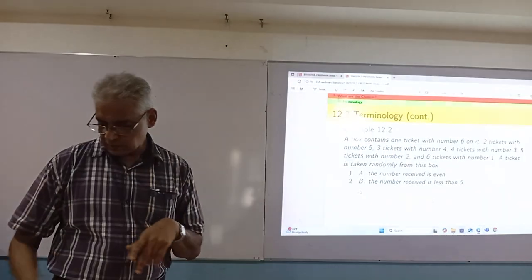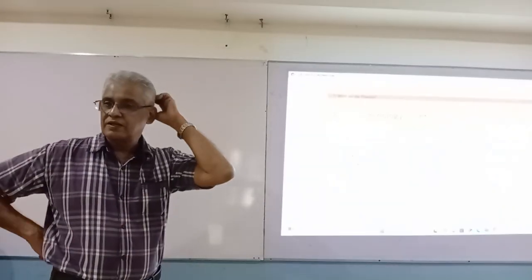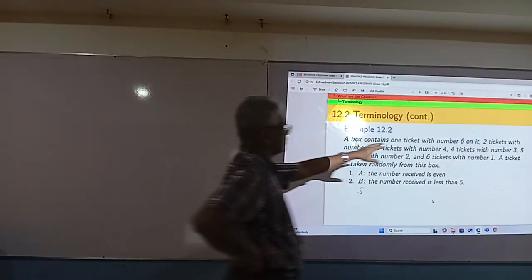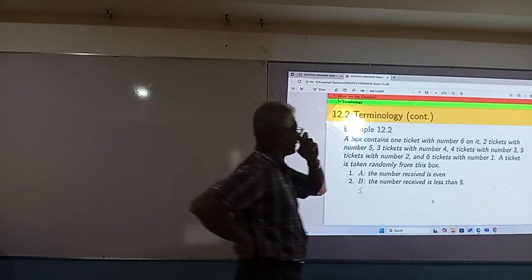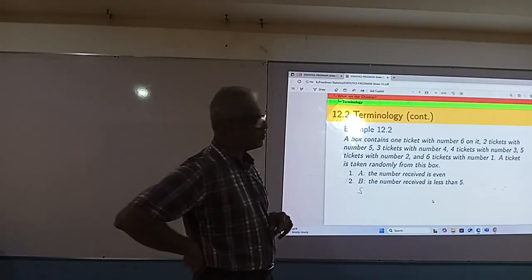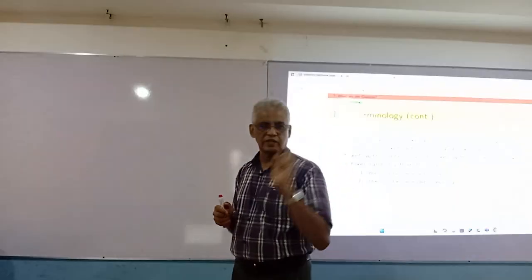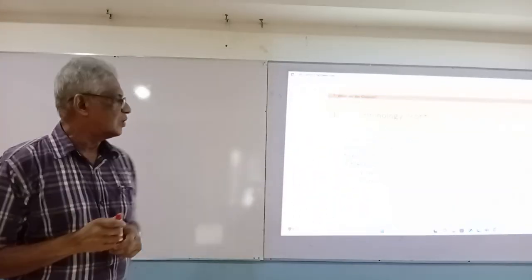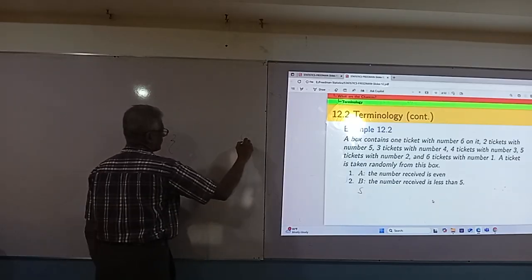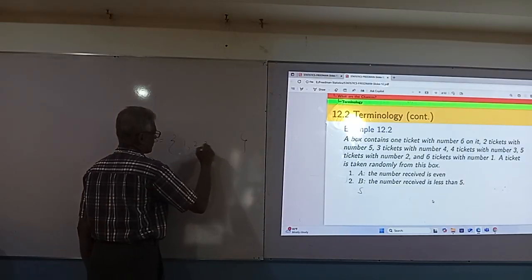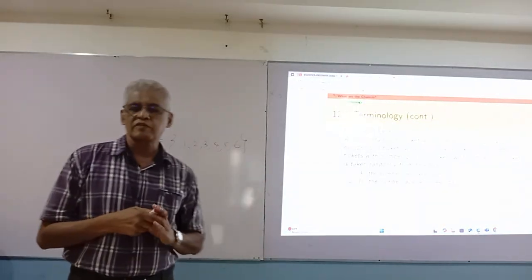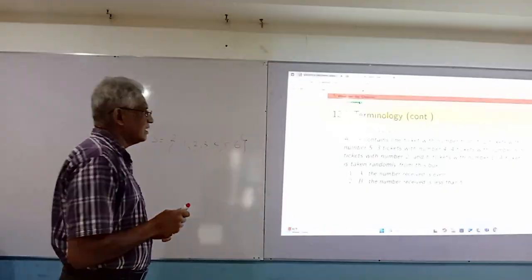So what will be the sample space? 1, 2, 3, 4, 5. Yeah, when you write down a set, even though the box contains one ticket with 6 and, for example, 2 tickets with 5, you don't write down 5 twice. You write down the same number only once. So therefore it is still the same sample space as the previous one, the sample space that you had when you considered rolling a die.